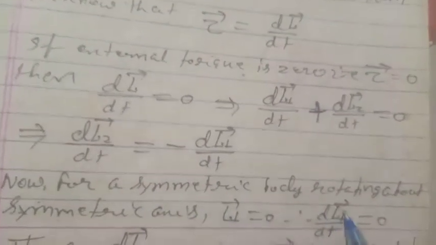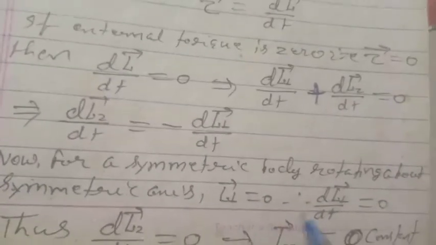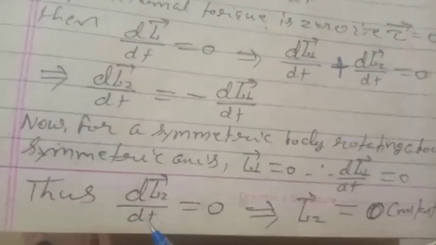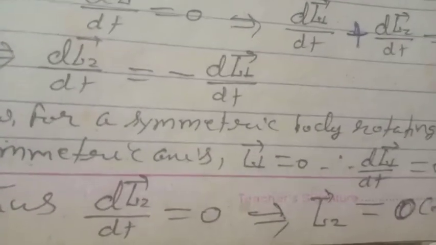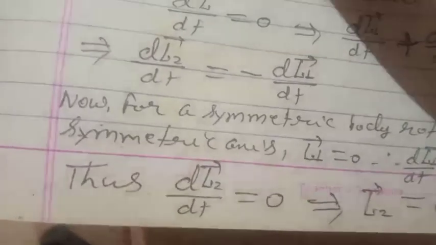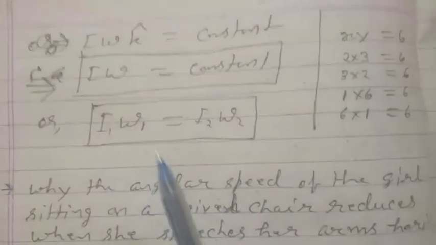Now for a symmetric body rotating about the symmetric axis, L perpendicular is 0, hence dL perpendicular by dt equals 0. Thus dLz vector by dt equals 0. This gives Lz vector equals constant. This implies I omega k cap equals constant, or I omega equals constant, or I1 omega1 equals I2 omega2.